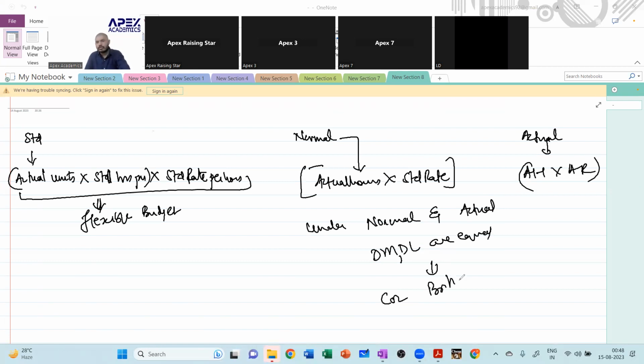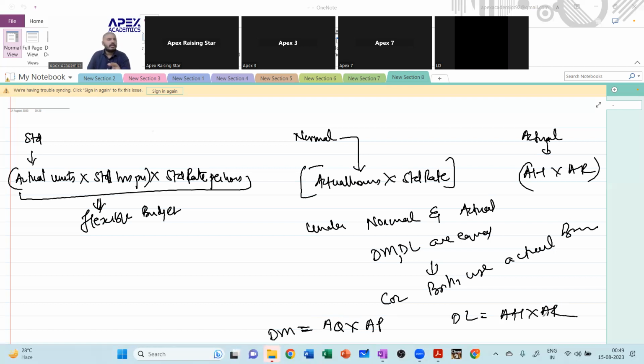Because both use an actual basis. So direct material will be what? Actual quantity multiplied by actual price. Direct labor will be what? Actual hour multiplied by actual rate. Clear? 100%? Okay.